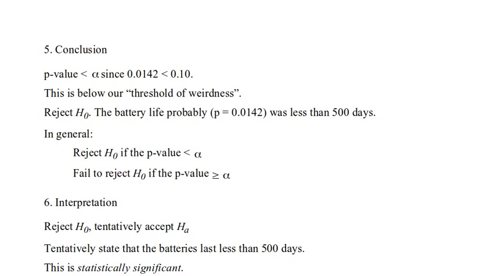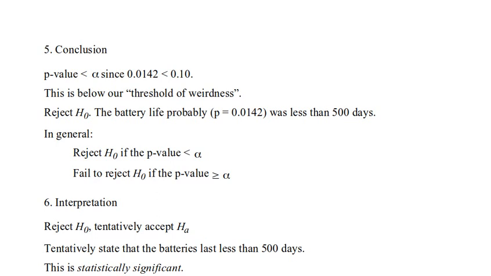But we've got something far lower than 10%. Our sample, or something as extreme as it, only happens 1.42% of the time. We were prepared to accept something happening up to 10% of the time. But because of that, we're going to reject the null hypothesis. The battery life with a probability of 1.42% was less than 500 days.